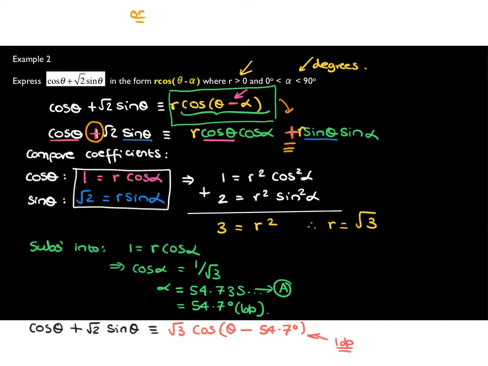Now the alternative would have been if we had cos theta plus root 2 sine theta equivalent to r sine theta plus alpha, because again on the right-hand side when you expand this compound angle formula you'll end up with a plus. Now if you by mistake went with r sine theta minus alpha, it wouldn't be wrong, but you create more work for yourself and you have to deal with the negative signs. So the best way is to make sure that you match the left-hand side and the right-hand side clearly.